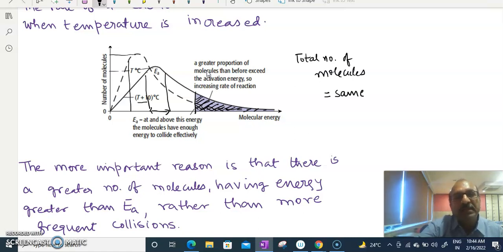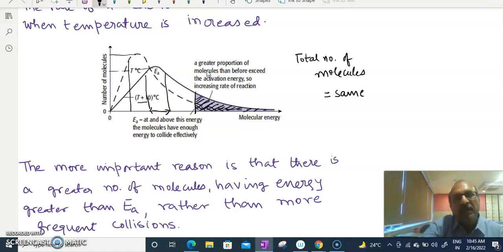The total area under each curve is the same because the total number of molecules is the same. So obviously, if this part has gone above this graph, then this part must go below this peak, so that the total number of molecules remains the same.